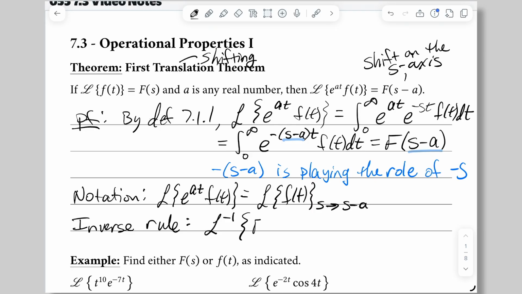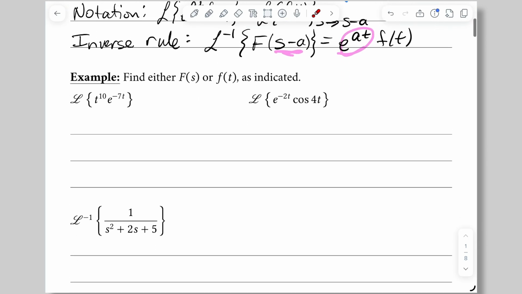The inverse transform of uppercase F of s minus a is equal to e to the at times lowercase f of t. So the e to the at on the t side is related to a shift s minus a on the s side. Let's see how we can use this.